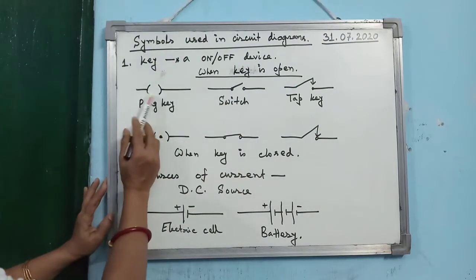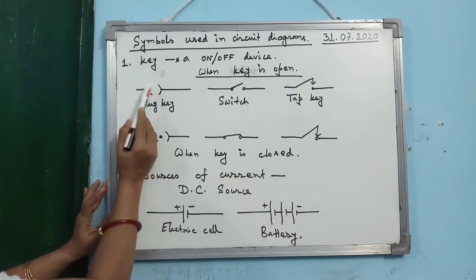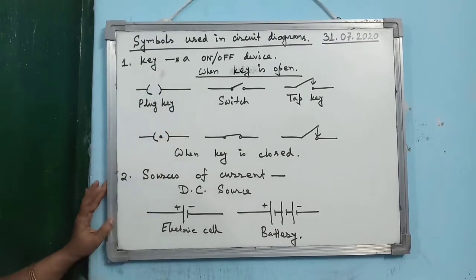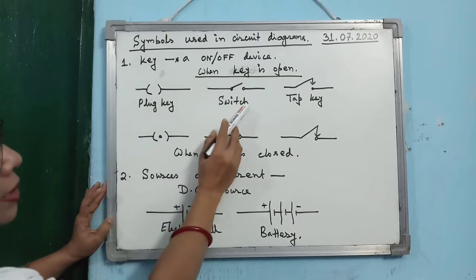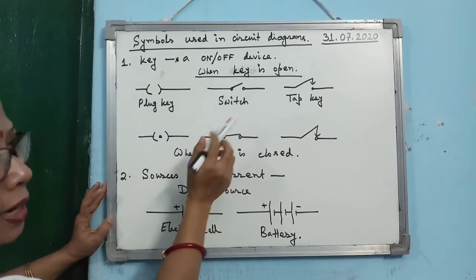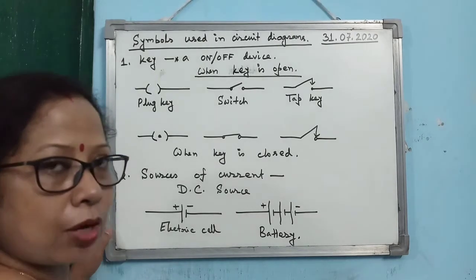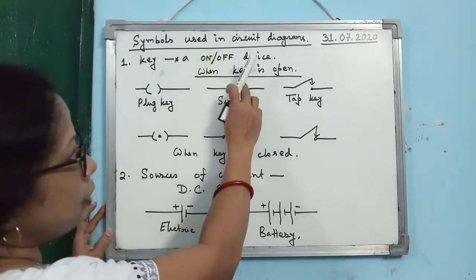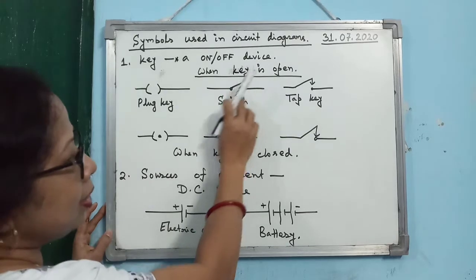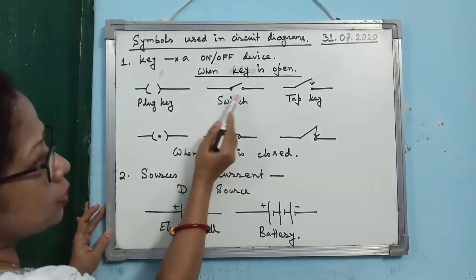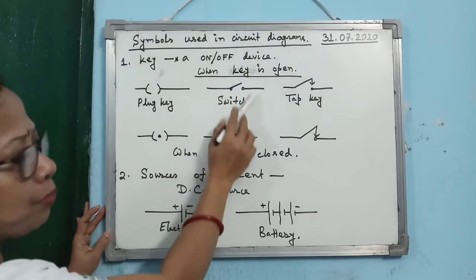You see, this is the symbol for the plug key. This is the hole where we generally insert the plug. And this is the symbol for the switch. Almost all of us have piano switches at home: if you tap this portion, the switch is on. So when you draw the symbol of a switch like this, it means it is open.